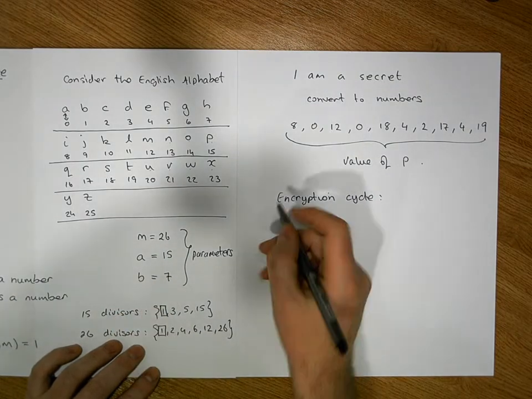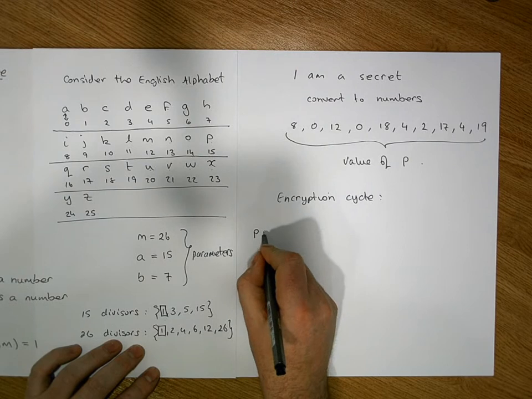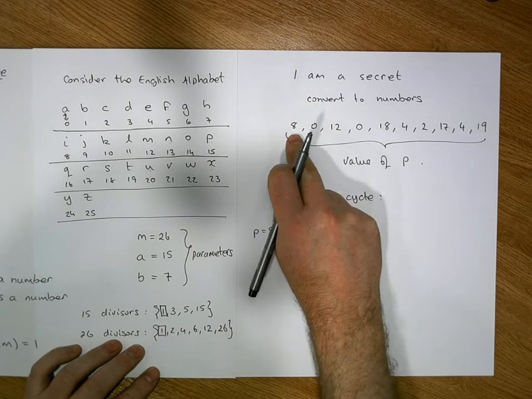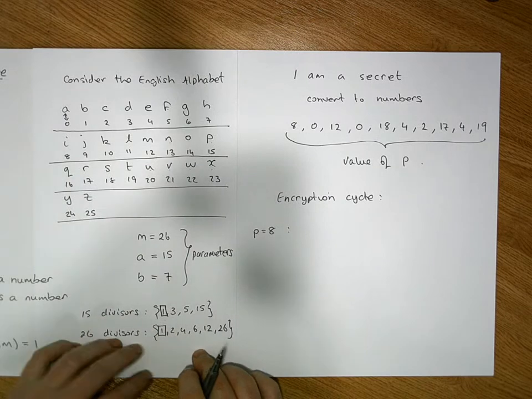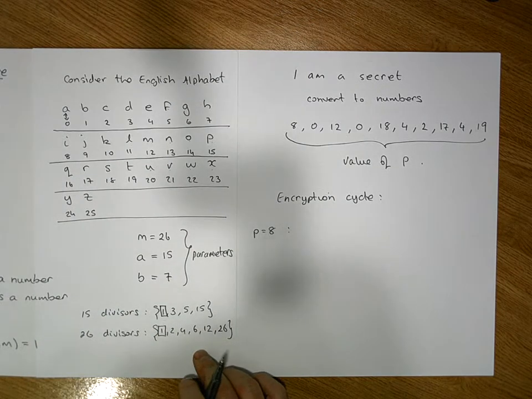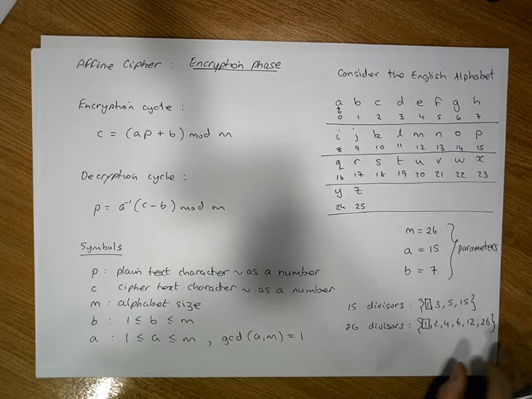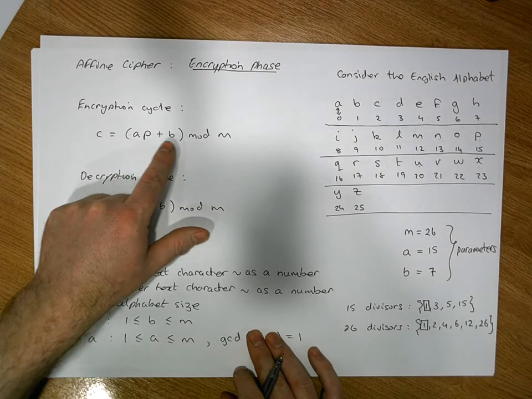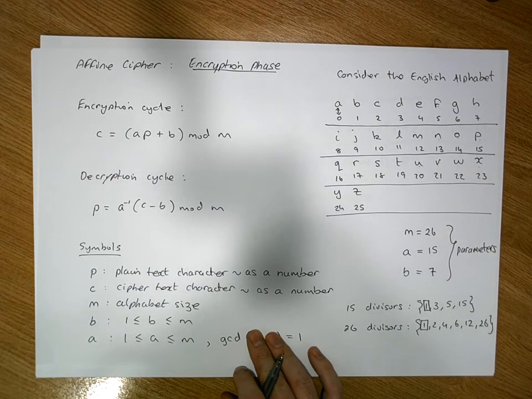When P is equal to 8, which represents I, the encryption phase says that we should multiply P by our A, add on B, and calculate the answer modulo M.